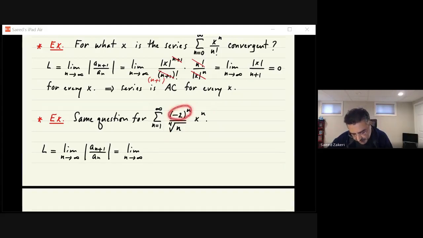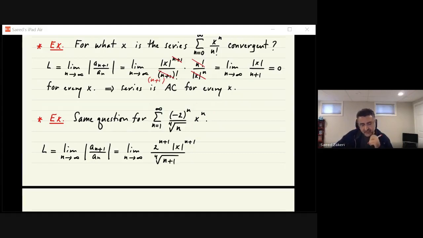And what happens to this guy as I take absolute value? It turns into 2 to the power n. If you have minus 2 to the power n, you take its absolute value, it's just 2 to the power n. So with that in mind, absolute value of a n plus 1 would be 2 to the power n plus 1 on the top, absolute value of x to the n plus 1 on the top, and then fourth root of n plus 1 on the bottom.